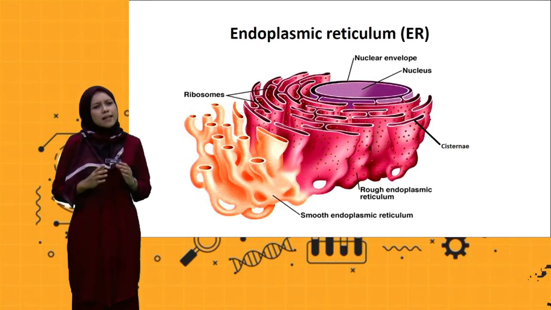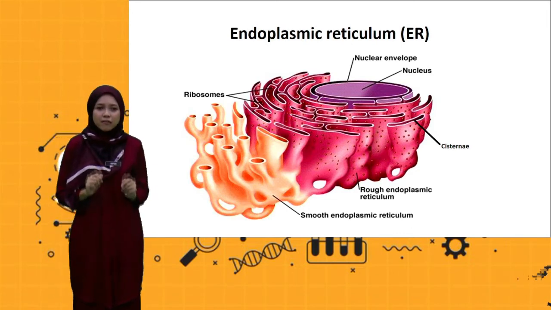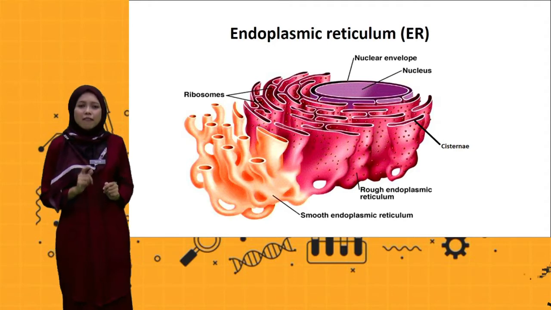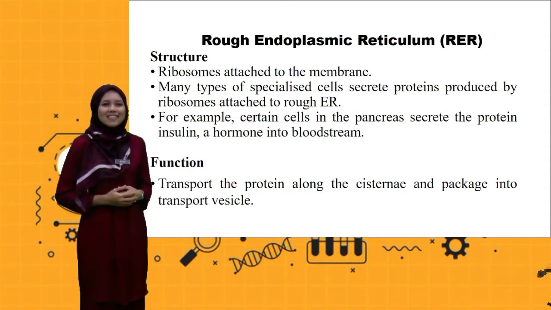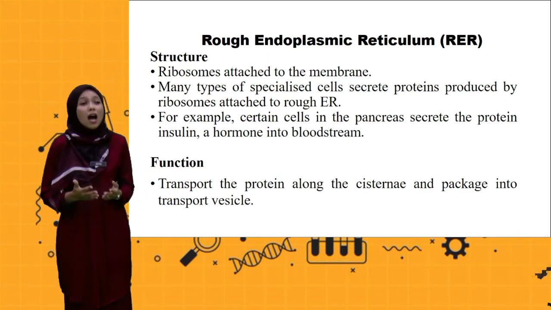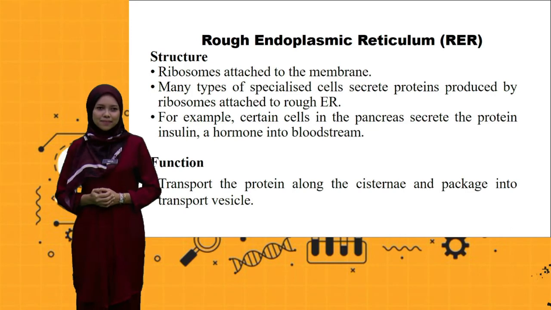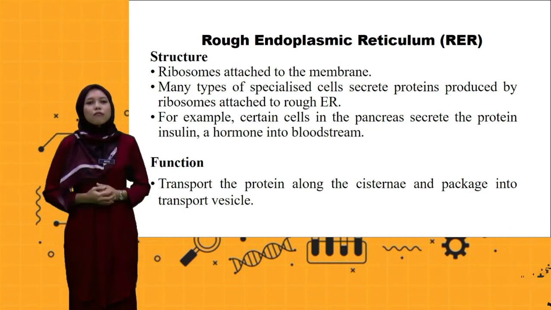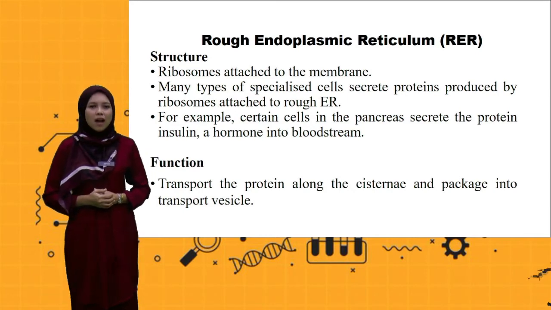Nuclear envelope is part of nucleus. Okay, and RER and SER differ. They can differ in structure and function. Students, let's describe the structure of rough endoplasmic reticulum or RER. Ribosomes are attached to the membrane of rough ER.